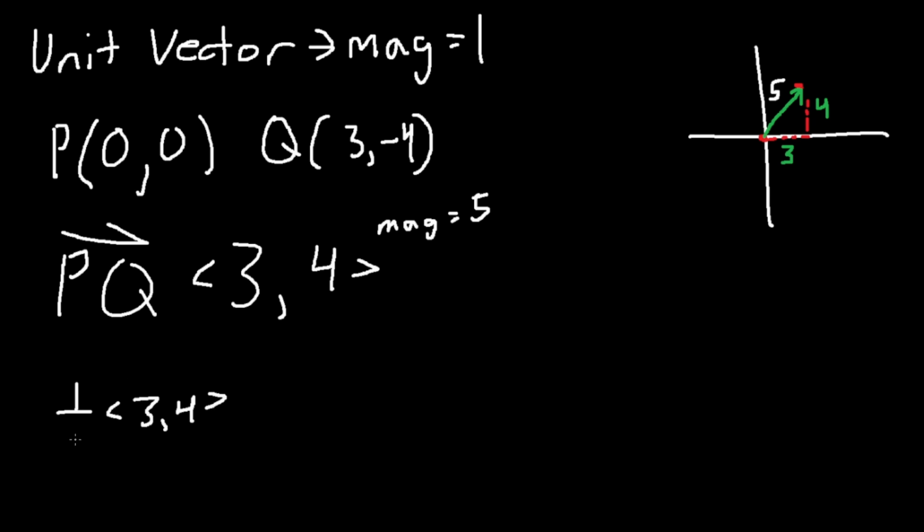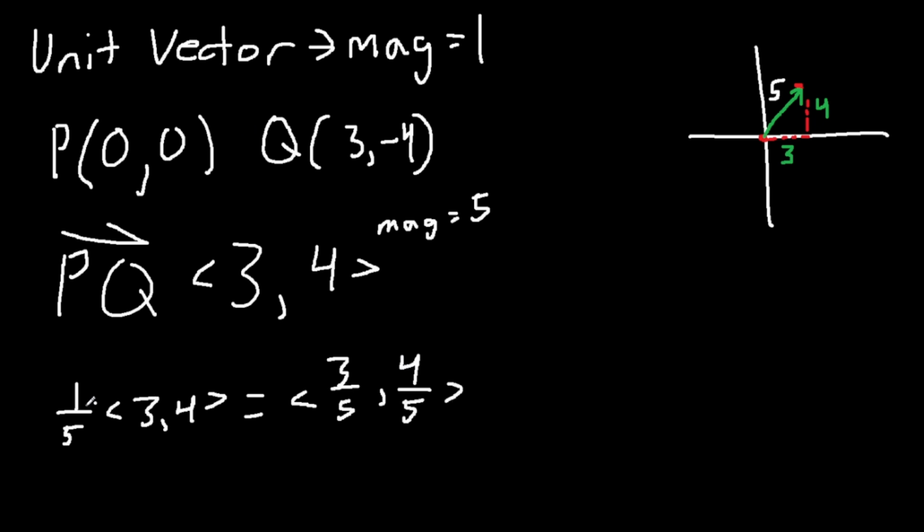You can multiply a scalar, or a real number, onto a vector and just distribute this value onto each value inside the vector. So what this equals is 3 over 5, comma, 4 over 5.